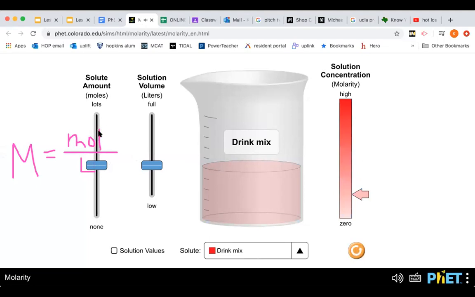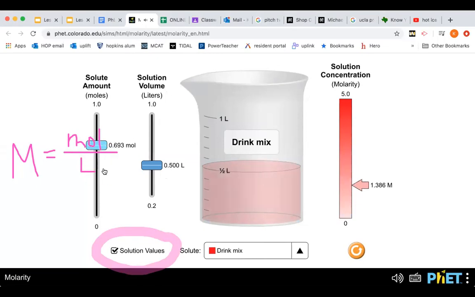And you can adjust your moles and your liters to double check your work. The important thing you need to know is to click this button that says solution values, right? You've got to click that, otherwise you won't have numbers. So there you go. You can adjust your moles, you can adjust your liters, and then be like, oh yeah, that is the molarity that I calculated, okay?